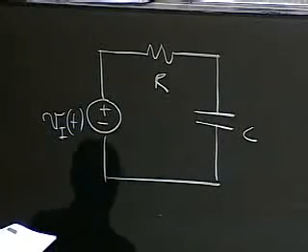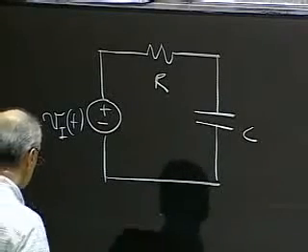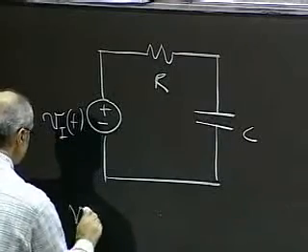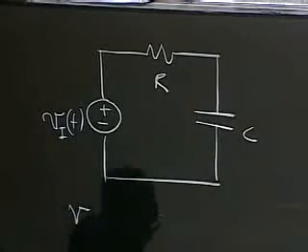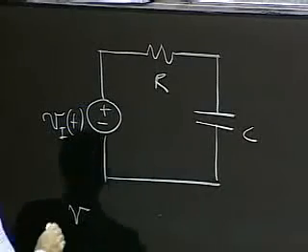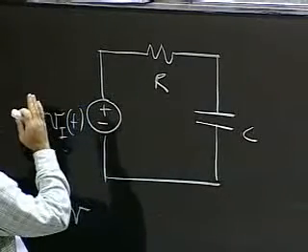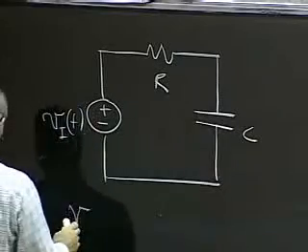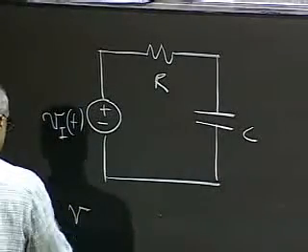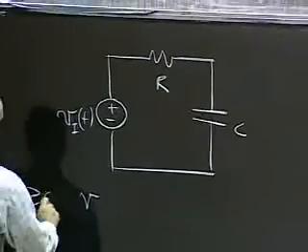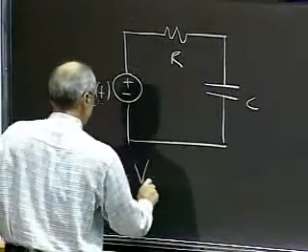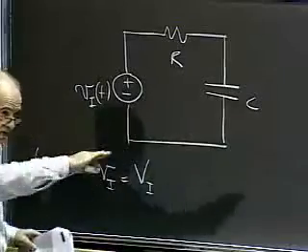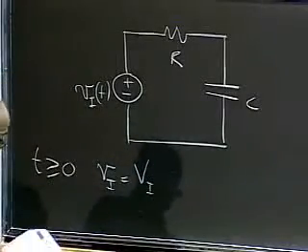And we have solved this problem for the case of a step input, in which at t greater or equal to 0, Vi is equal to some capital Vi value that for now on is constant.